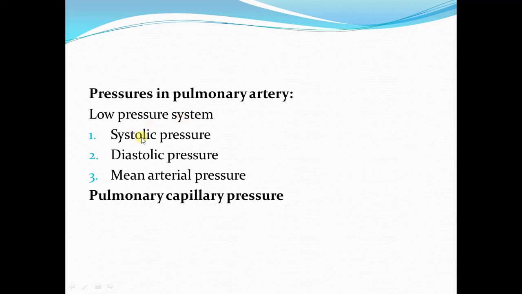The systolic blood pressure in the pulmonary artery is 25 millimeter of mercury, while the diastolic blood pressure in the pulmonary arteries is 8 millimeter of mercury, and the mean arterial pressure is 15 millimeter of mercury.